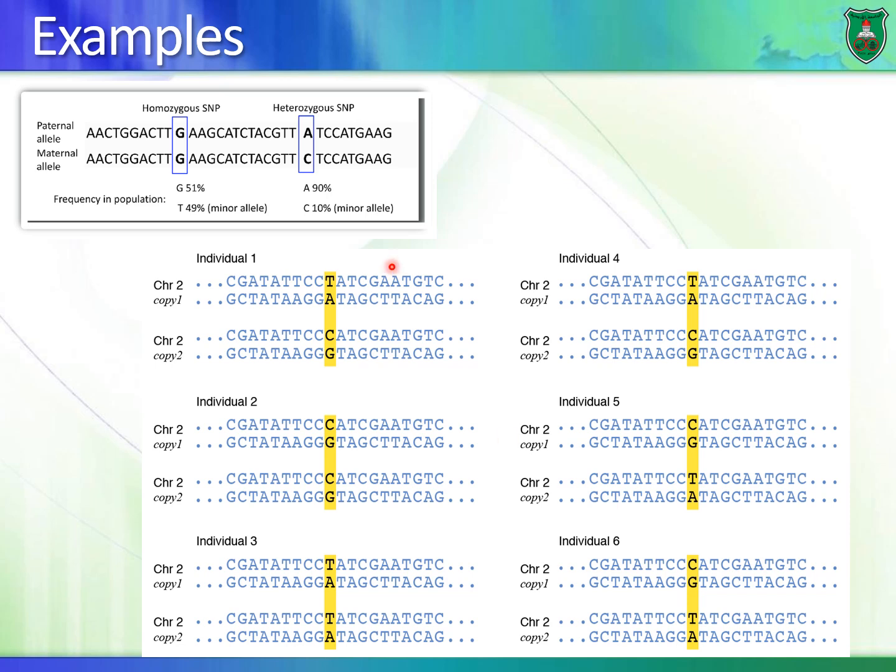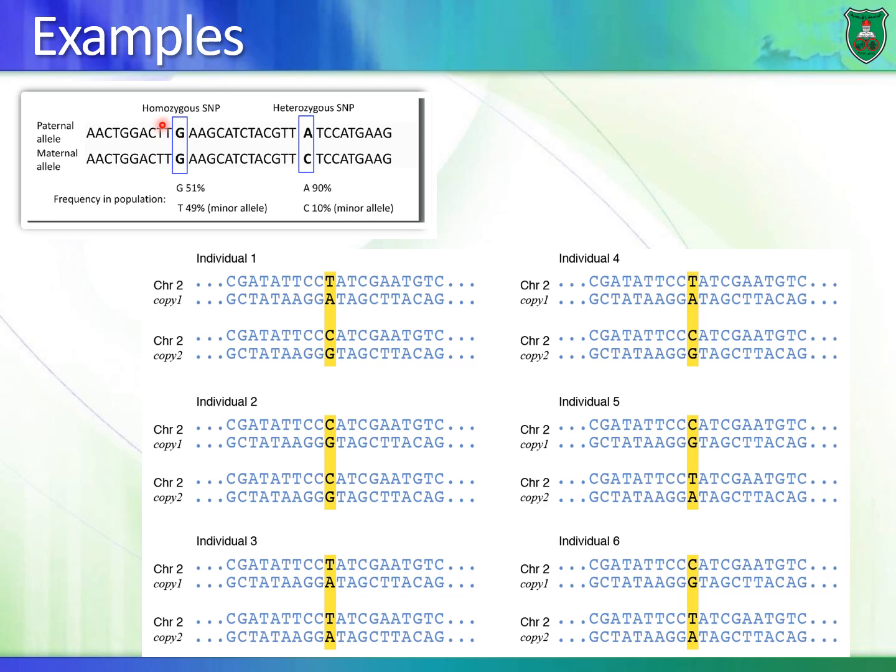Well, let's see here. Here we have examples of SNPs. You have an individual, for example, having this sequence. This person has, at a certain location that is known to be variable among individuals in a population, G and G on both paternal and maternal alleles.